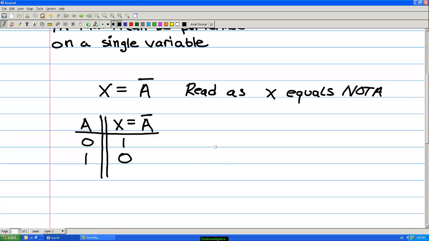The symbol for the NOT operation, also called an inverter, is this symbol right here. And X will equal A not. If the input is A, you can see here, the output will be the opposite of the input. So if A is 0, X will be 1. If A is 1, X will be 0.